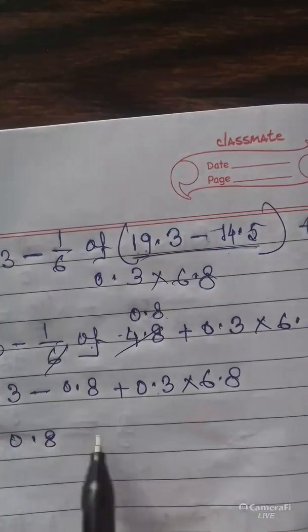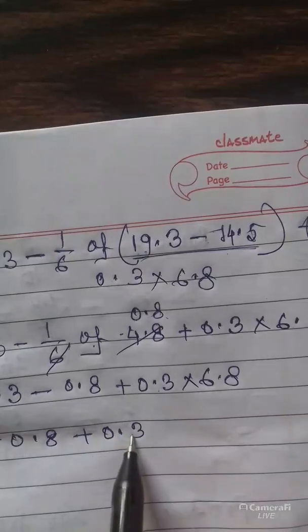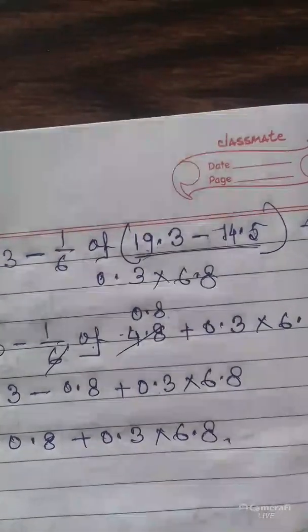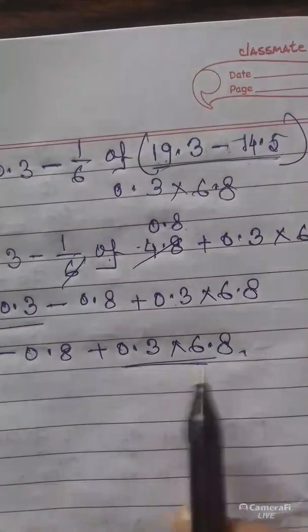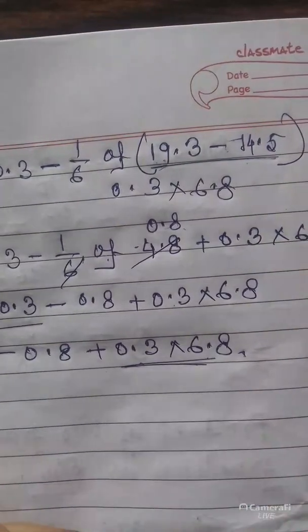6.2 minus 0.8 plus 0.3 into 6.8. After that, multiply is there. First divide, then multiply.